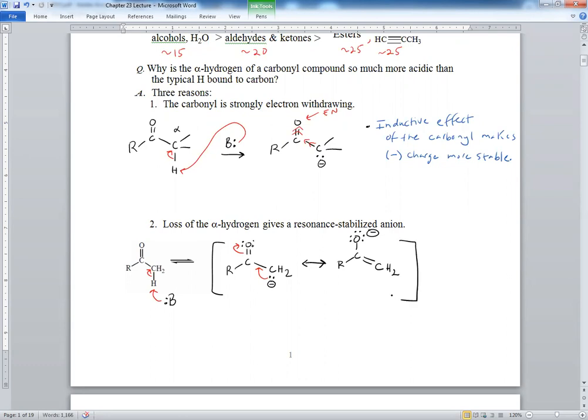Right there, this is the minor. This is the major, simply because the negative charge is on the more electronegative atom. Oxygen is more electronegative than carbon, so it accommodates the negative charge better.